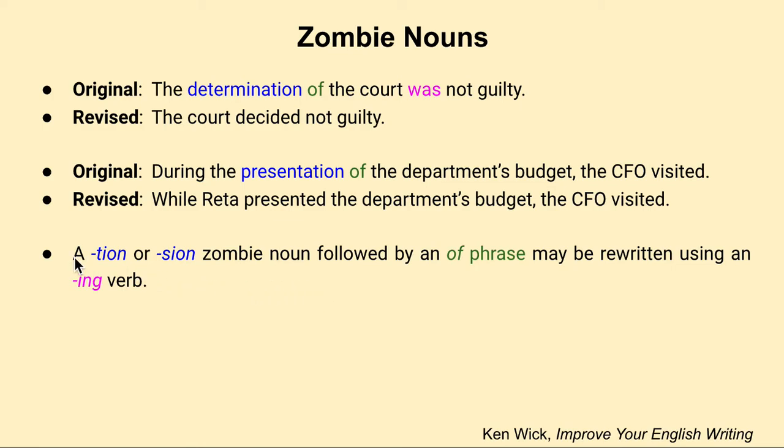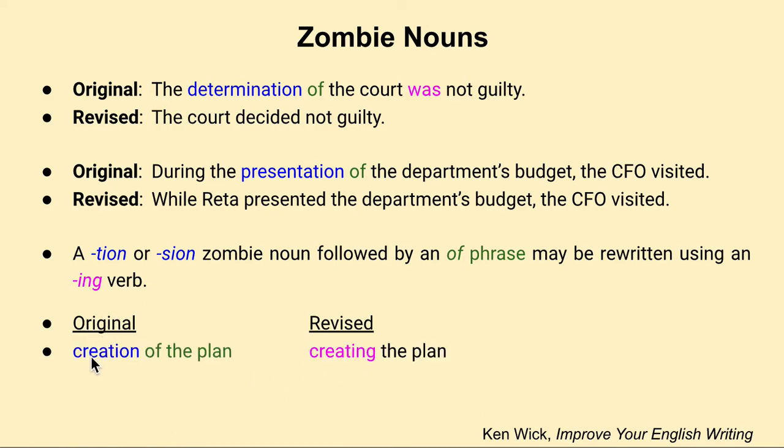And in a specific case, the zombie nouns that end in ION followed by an of phrase may be rewritten using an ing verb. Now, that probably sounds confusing, but the examples will say everything. Basically, here we'll have an original zombie noun phrase, and we'll have a rewrite.